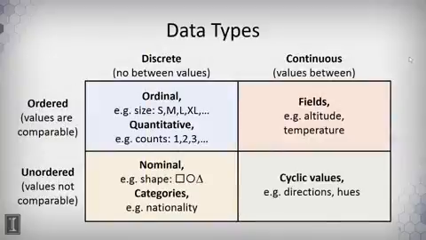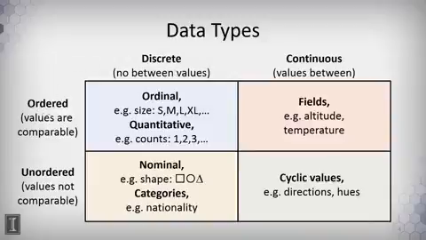As we look at the actual data involved and that mapping operation, it's important to understand some fundamental features of data, the types of data that are out there. And so data can either be discrete or continuous. Discrete data has discrete values. There's no between values, whereas continuous data has values between neighboring values that are possible.